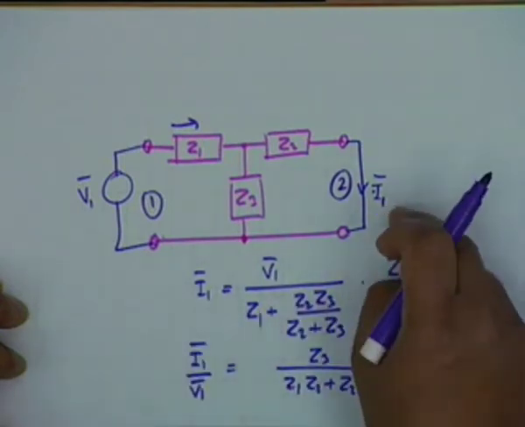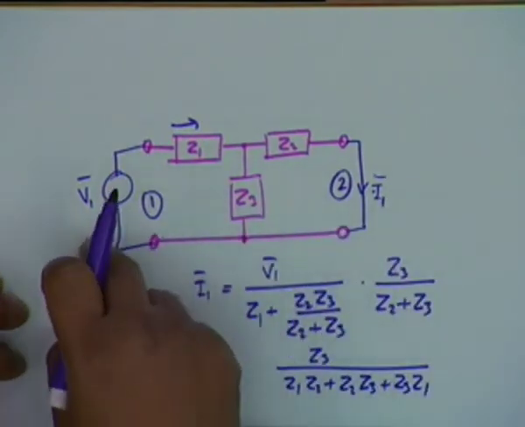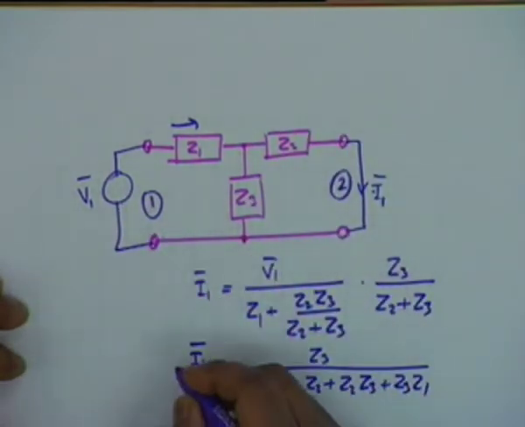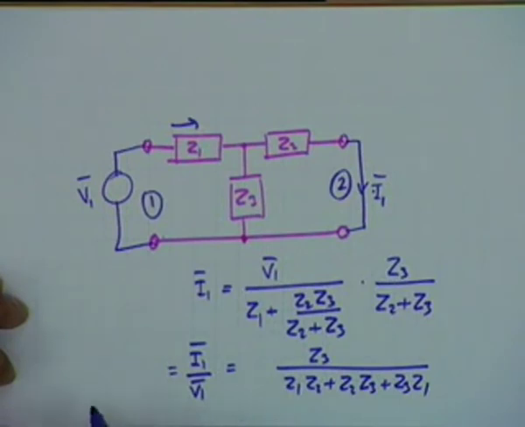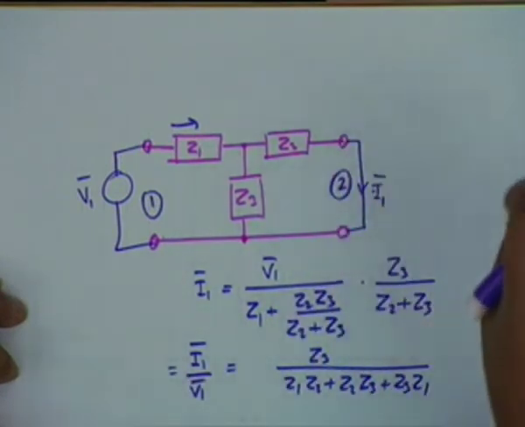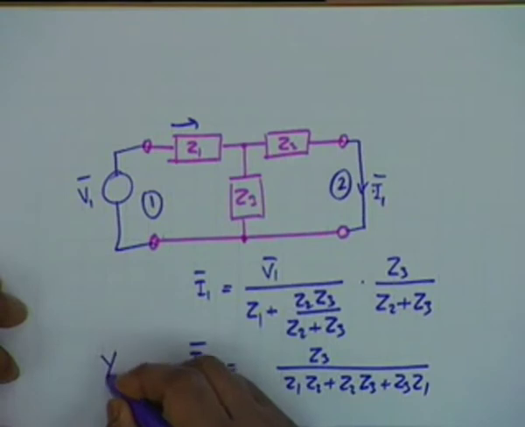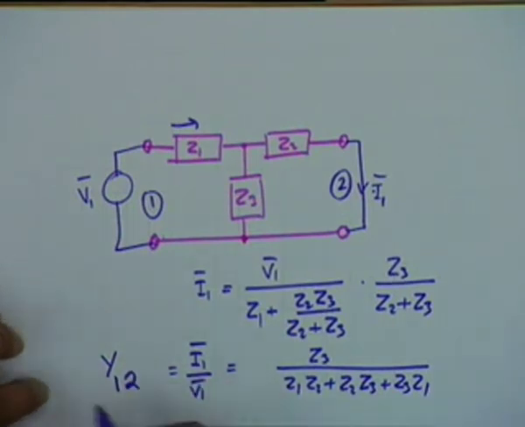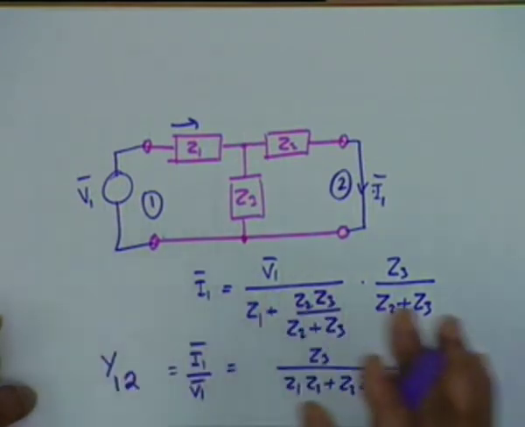The response is a current and the excitation is a voltage, and therefore current to voltage has the dimension of admittance, and this is called a transfer admittance. Transfer, because the current response is obtained at a different port, and the symbol that is used for it is Y12. That is, this is the exciting port, port 1, and the current is obtained at port 2. There are different conventions.